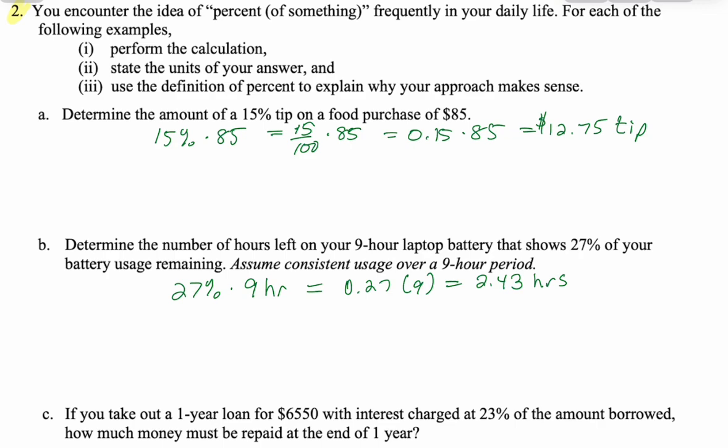Now, time is a little different. We don't always say 2.43 hours. If you took your 0.43 off and multiplied it by 60, it's 25.8. So we might even write that as 2 hours, and let's round it up to the nearest minute, and 26 minutes.